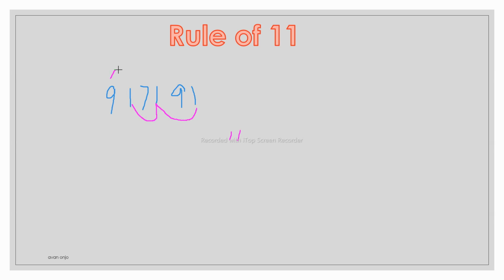Then we have 9 plus 7 plus 9, that is 25. Subtracting 11 from 25, I get 34. Okay, wait, I think I'm doing something wrong. Sorry, so sorry guys, I'm just doing this one again.